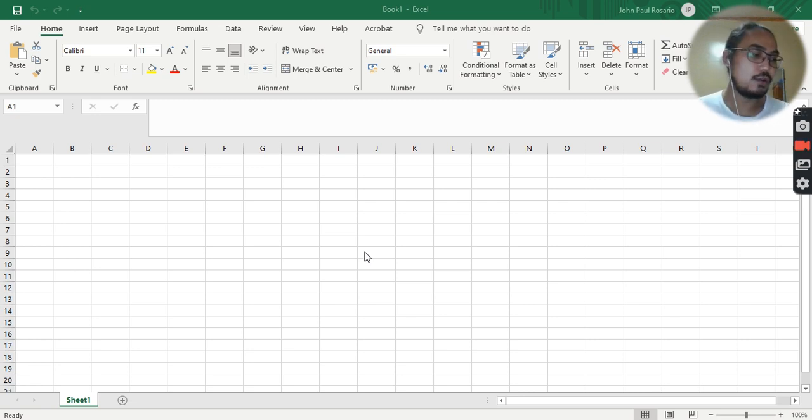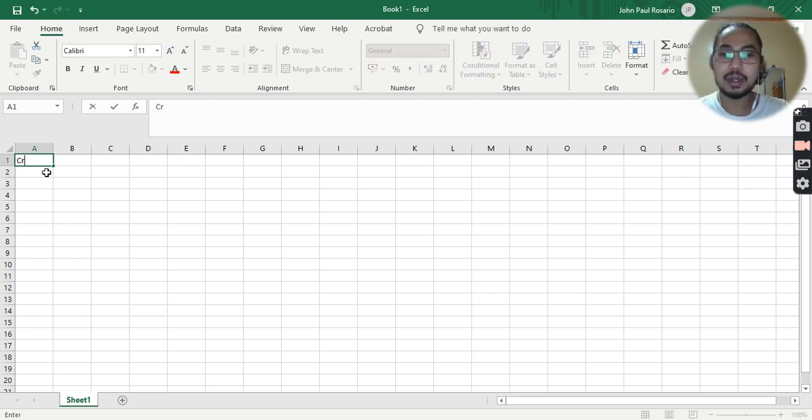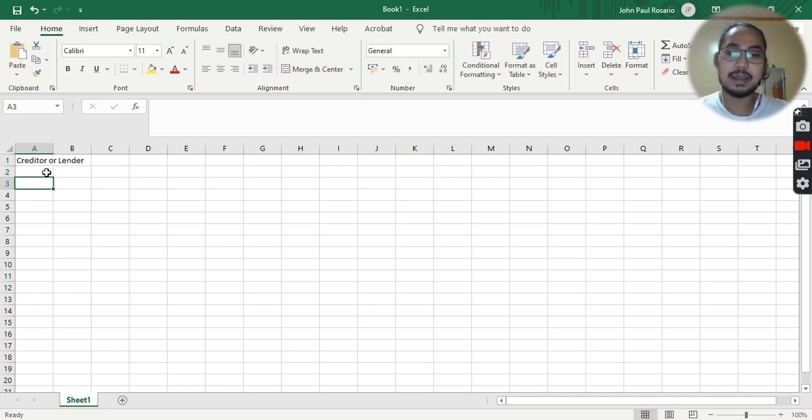Okay? So for this chapter, before we go towards discussing simple interest, we first have to get familiar with these terms. So first is what we call the creditor or lender. And then we also have our debtor or borrower.